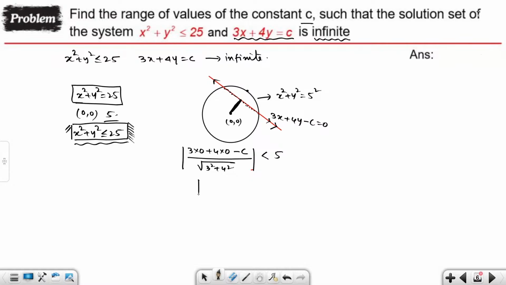So we are getting modulus of c over 5 is less than 5. So that implies mod of c is less than 25. So from here you can say your c is lying between minus 25 and 25. That's it.